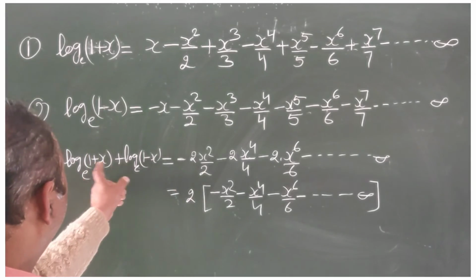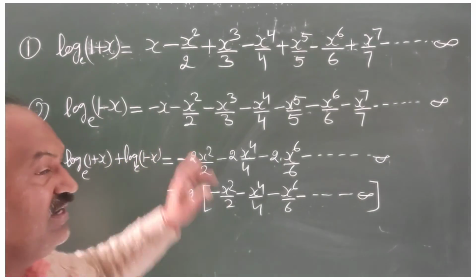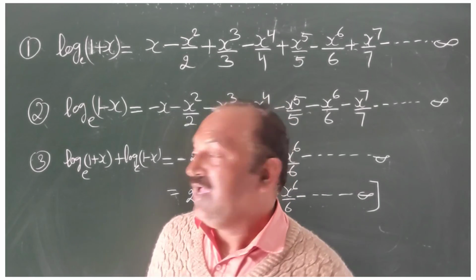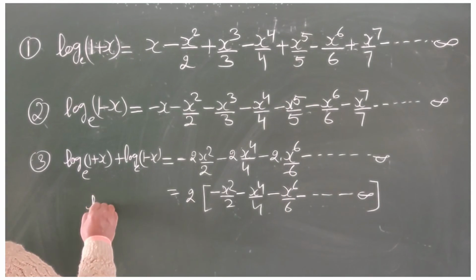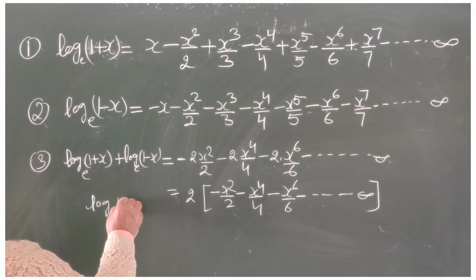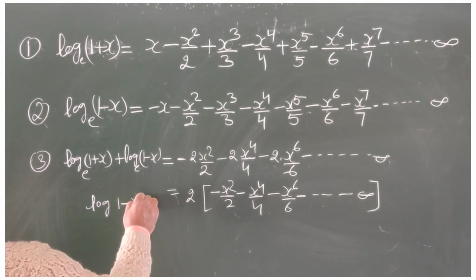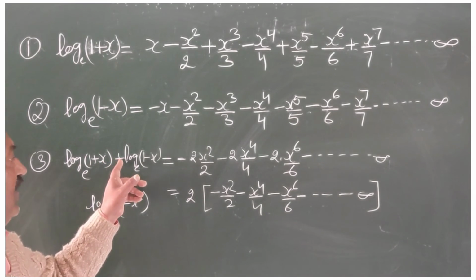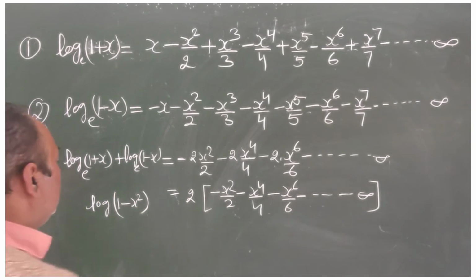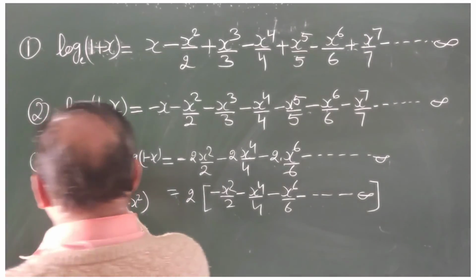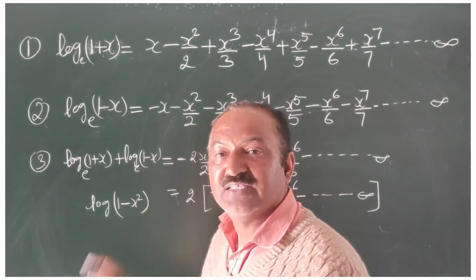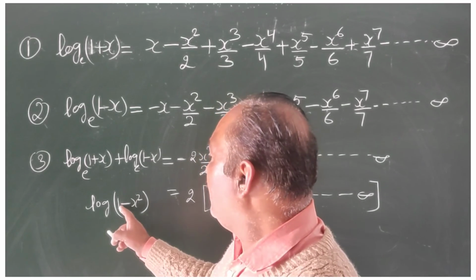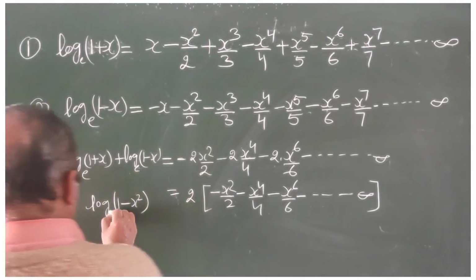Now the left hand side becomes log m plus log n, then it becomes log m into n, and we will get log of 1 minus x square, because log m plus log n is equal to log m into n, and 1 plus x into 1 minus x will be equal to 1 square minus x square, that is 1 minus x square base e.